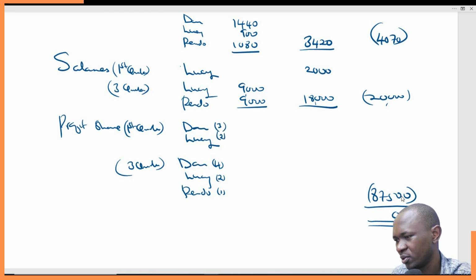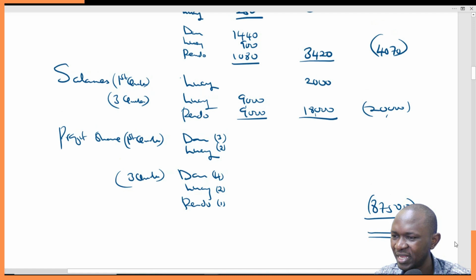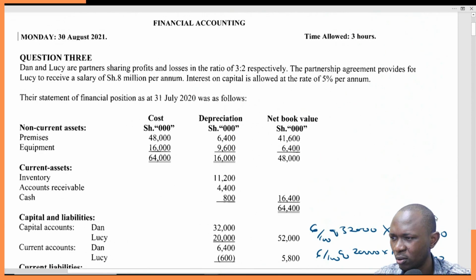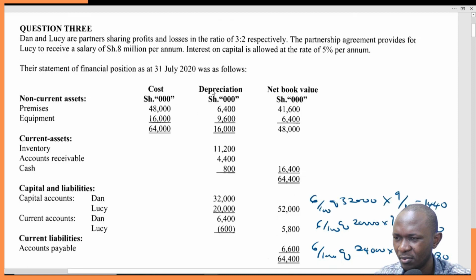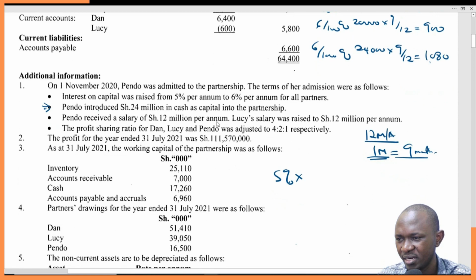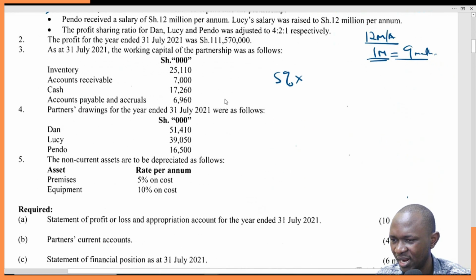So that is very important. Because the question is silent on the proportion of how they shared the profits and losses, Dan and Lucy share in the ratio 3 to 2, and they have not said which proportion of profit was made in the first quarter and which was made in the last three quarters.